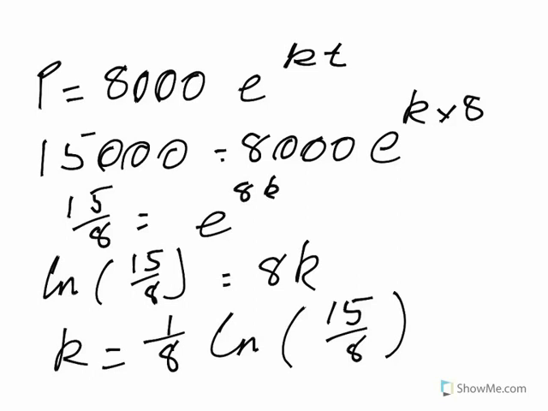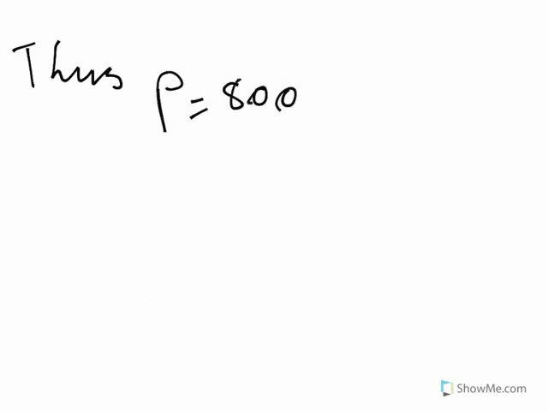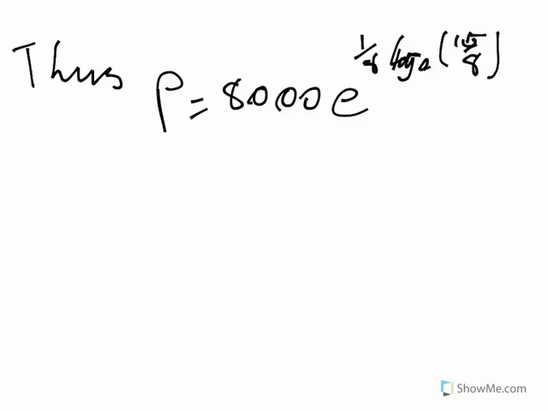Alright, so that helps us in that now we know that P equals 8,000 e to the 1/8 log to the base e of 15 on 8, t.